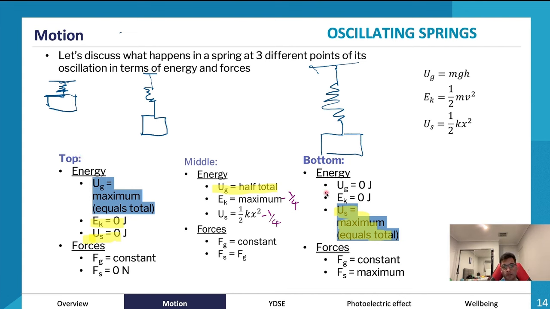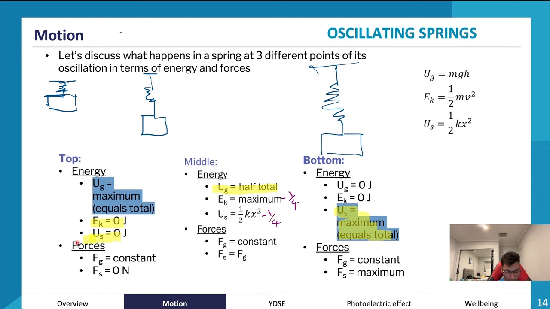I'm going to do some algebra to show this, but it's not really worth the time. So you just have to trust that the kinetic energy is going to be a quarter, the spring energy is going to be a quarter, while the gravitational is going to be half of the total energy in the system.